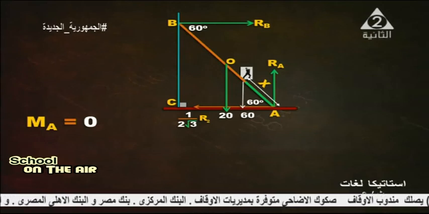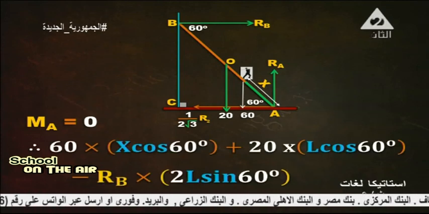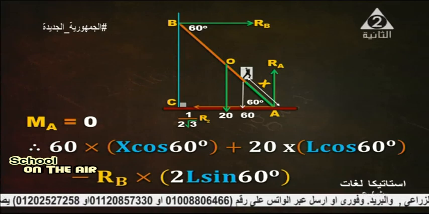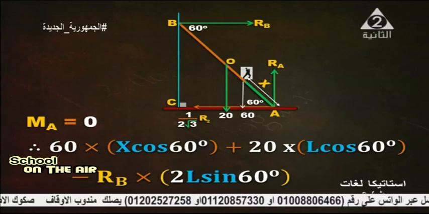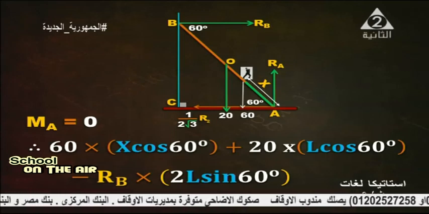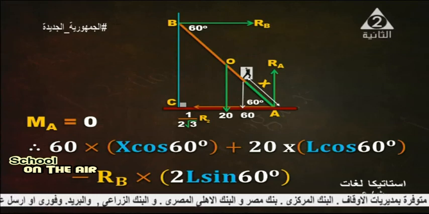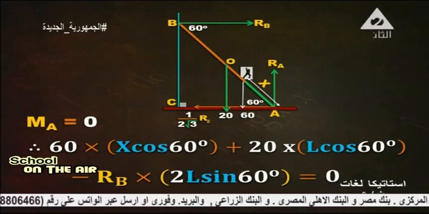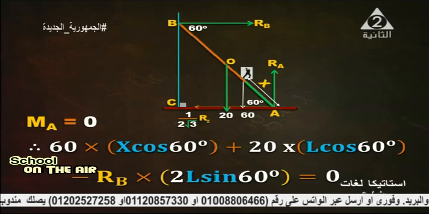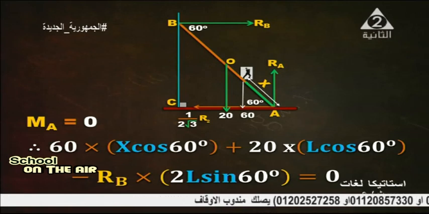Remember, my dear student, the moment about A must equal 0. We have three forces: 60, 20, and the reaction at B. So 60 times x cosine 60, plus 20 times the distance L cosine 60, minus RB times the distance 2L sine 60 must equal 0.